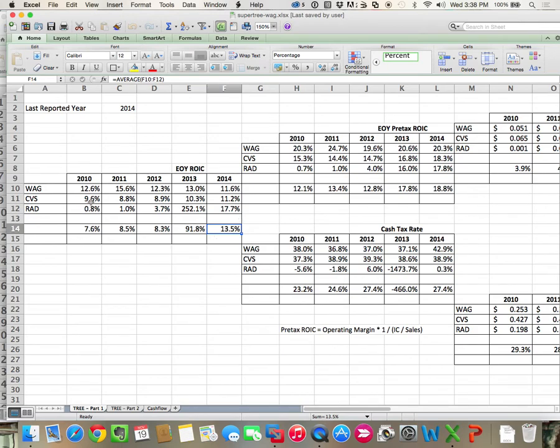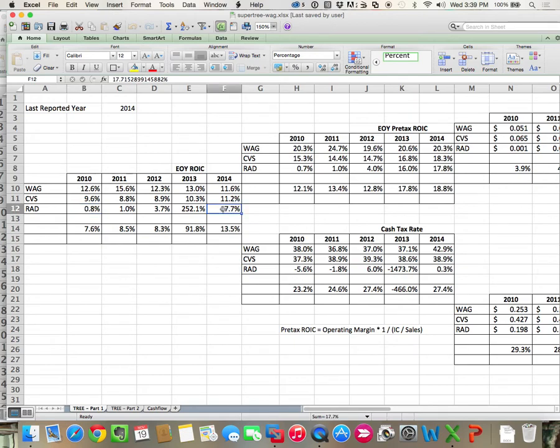But here's the idea. We can see that this industry of retail pharmacy is improving its performance from 7.6% average ROIC to about 13.5%. So we can see improvement. However, the devil's in the details, and we can see that almost all the industry performance is a result of Rite Aid going from about a 1% ROIC to about an 18% ROIC.